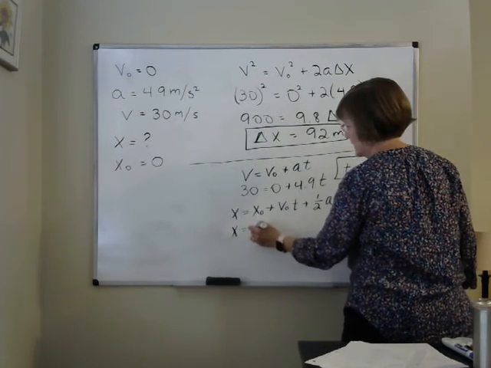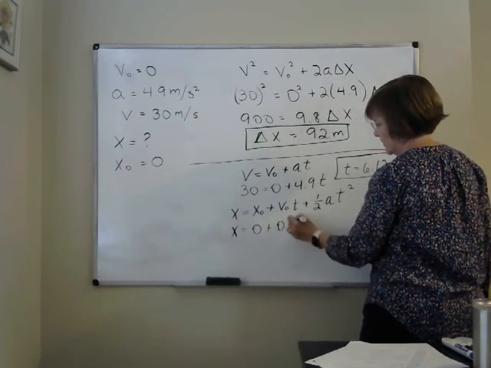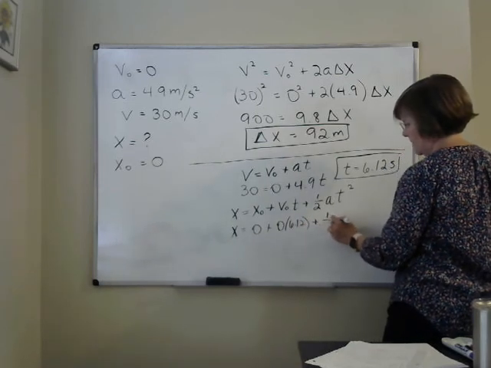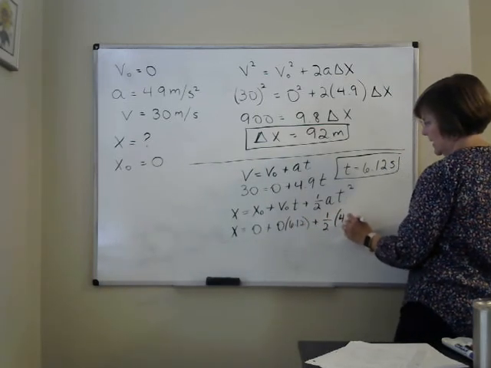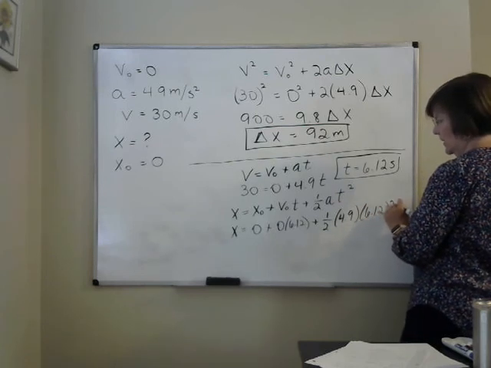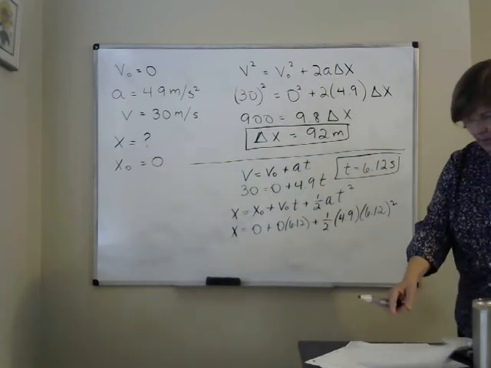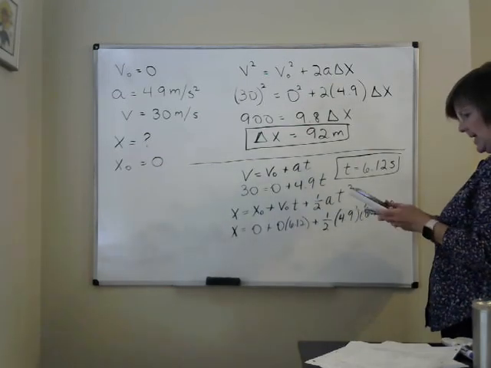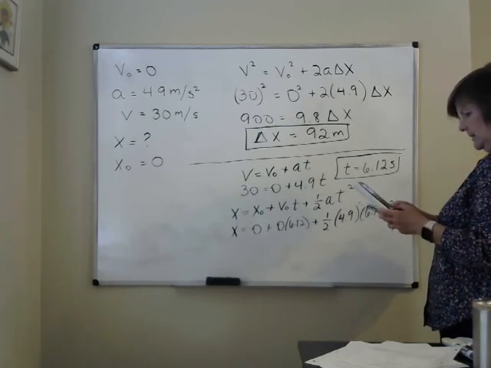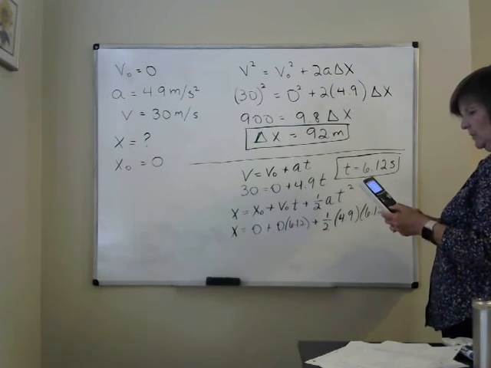I let that be 0. Let that be 0. Plus 1/2 times 4.9 times 6.12 squared. Notice all of that's 0, so I just have to end up multiplying 1/2 times 4.9 times 6.12 squared.